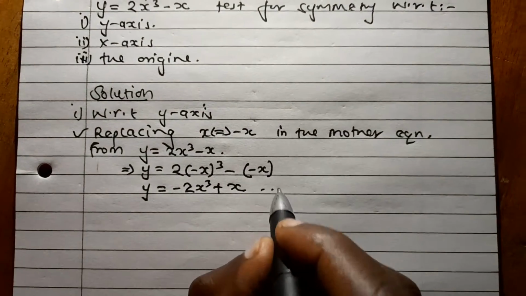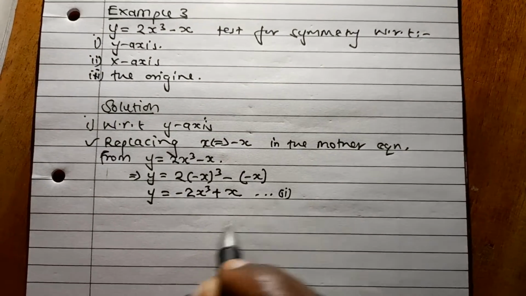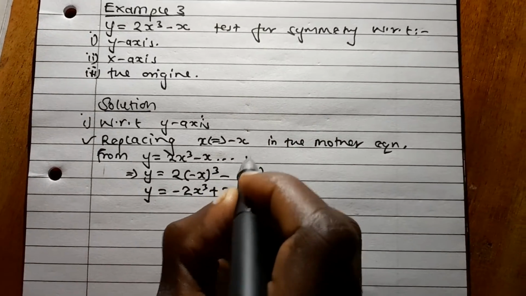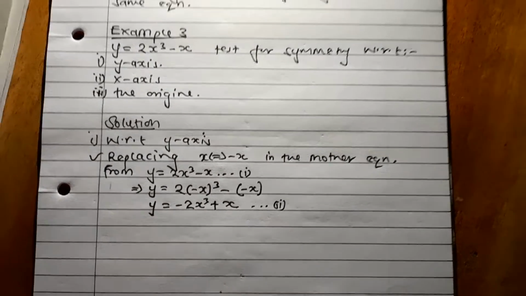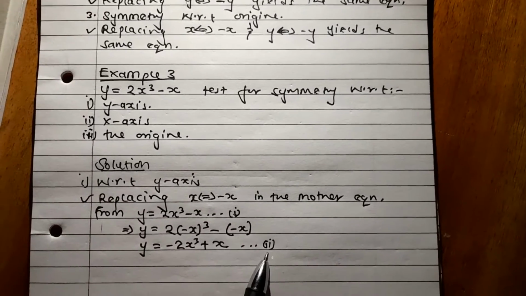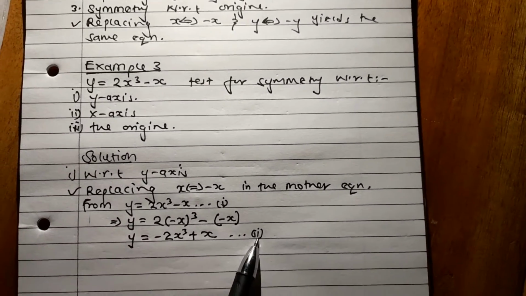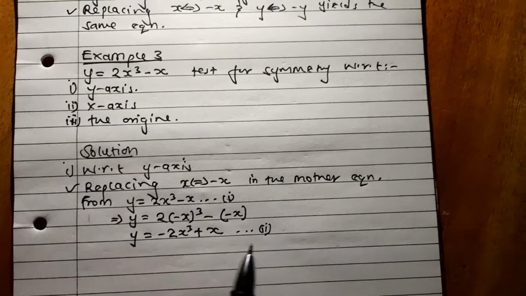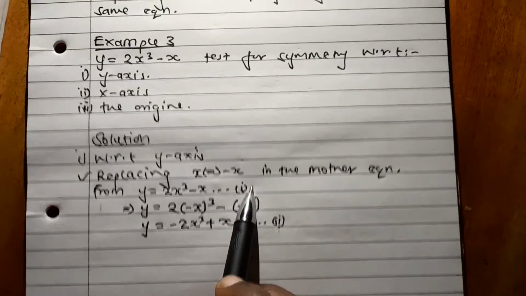I can name this resultant function Roman 2 and the mother function Roman 1. Now you realize function Roman 1 and function Roman 2 are not equal. That is, the resultant equation is not equal to the mother equation.